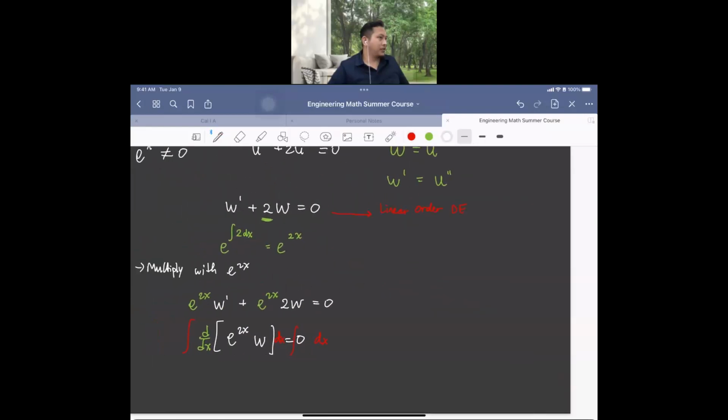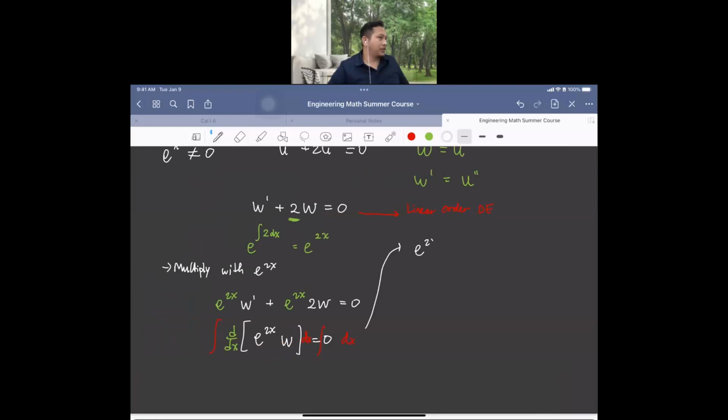Then integrate with respect to x. So this will become e^(2x) w equals a constant. So w is e^(-2x), or w is u', so u' equals c1 e^(-2x).